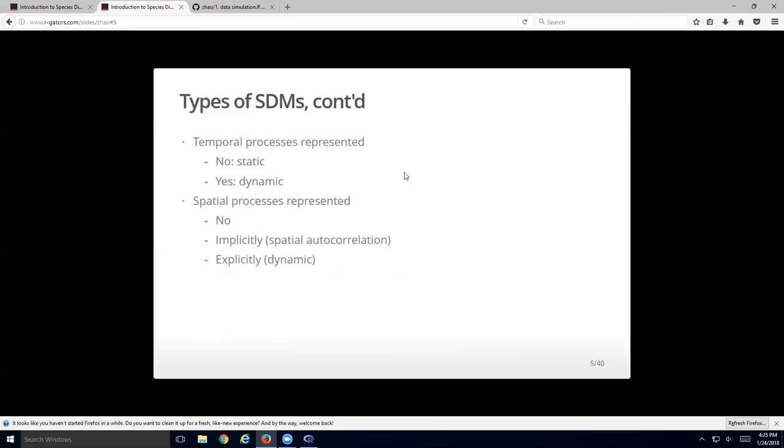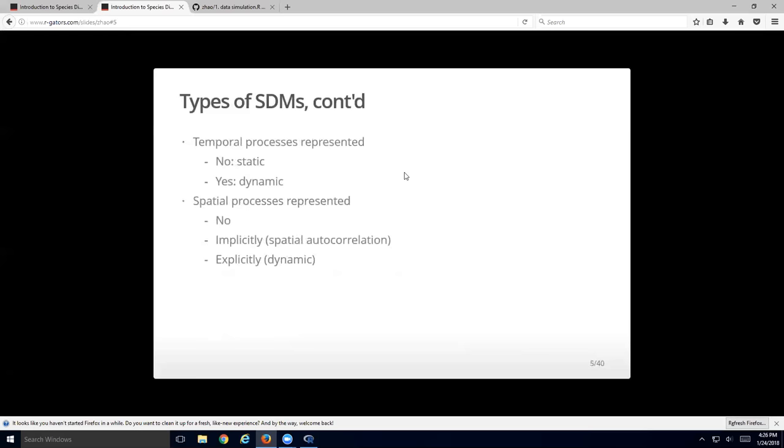We can also see if spatial processes are represented in these models. But of course, any species distribution model has some spatial information in it, right? That's why you can look at the distribution.